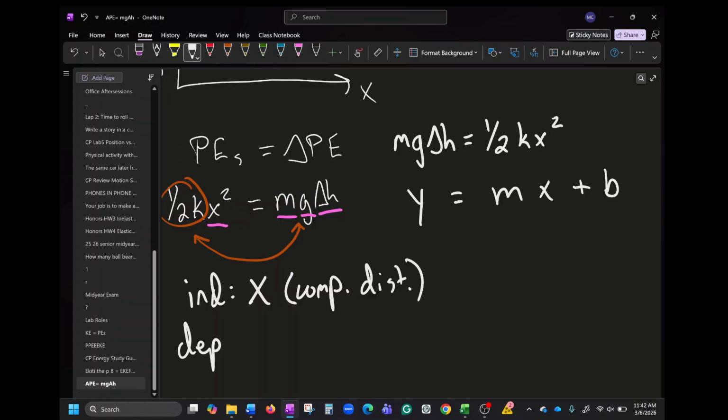And the dependent variable is going to be the height, because the height that the ball reaches depends on how far we have compressed the spring. So the independent is on the x-axis, and the dependent is on the y-axis.